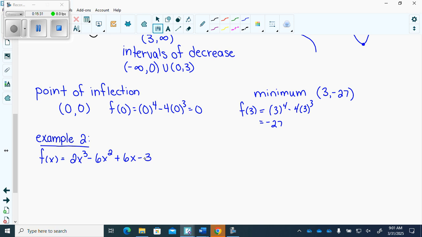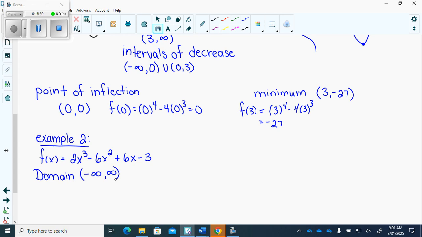So this is a cubic function. Cubic functions have a domain of what? What's my domain? Always interval notation because we're in calc. Negative infinity, positive infinity. Yes.